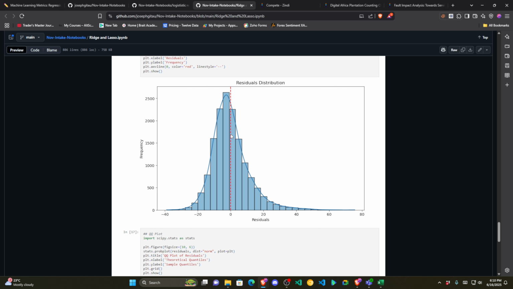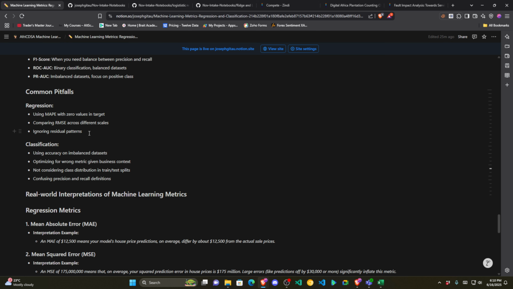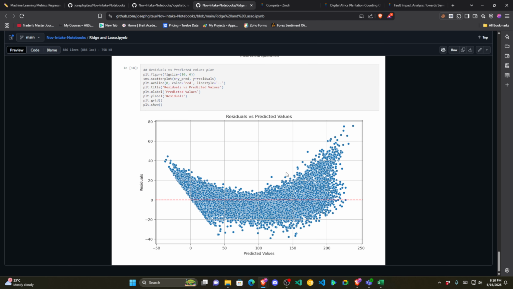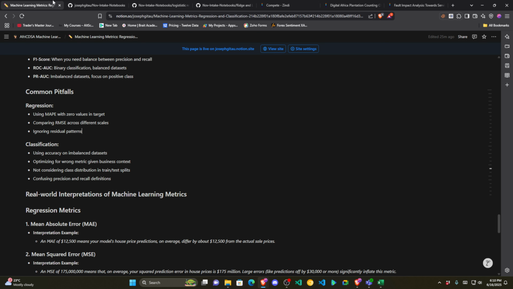And what are you supposed to do to change the kind of evaluation metric that you are going to use? You should not ignore the residual patterns. You should check the patterns of your residuals and adapt your model to give you better results.